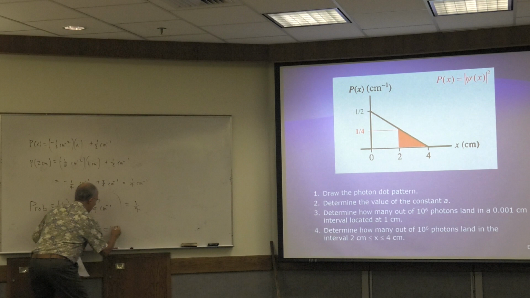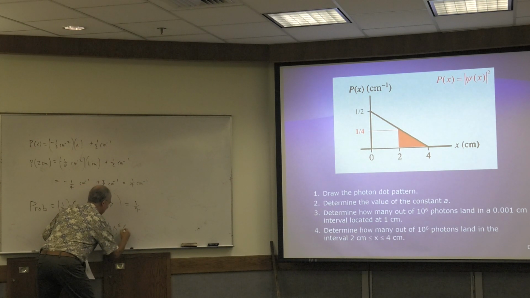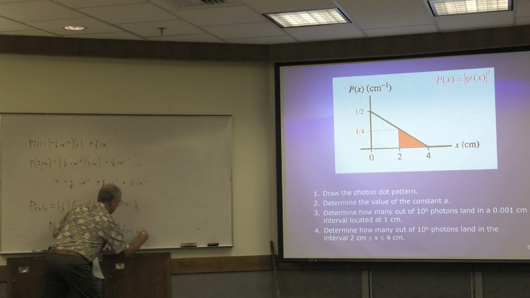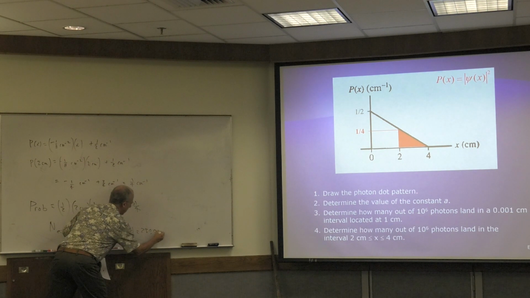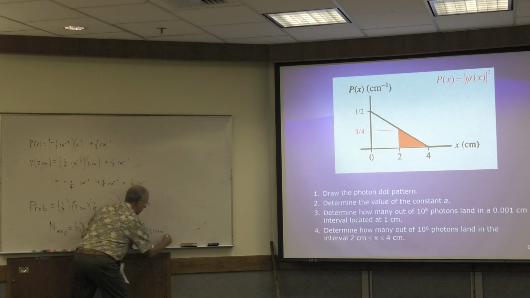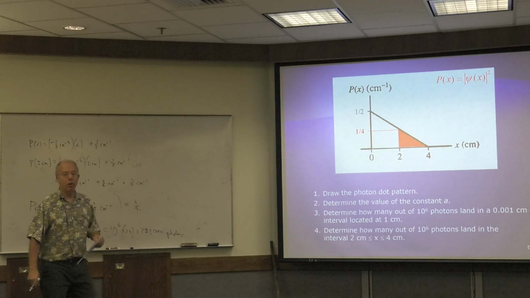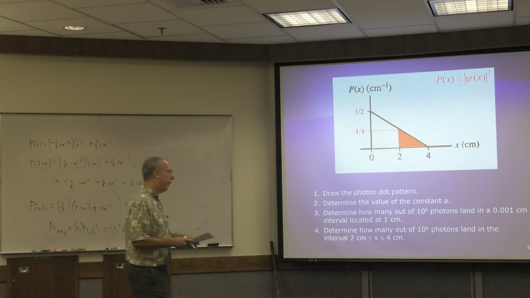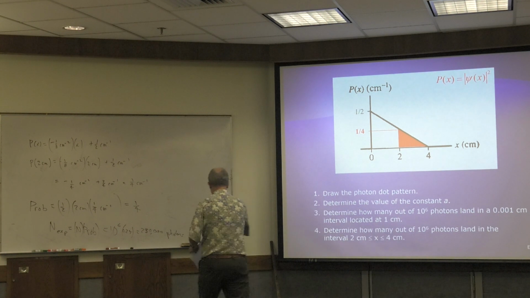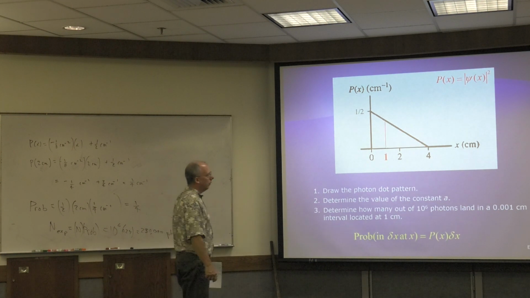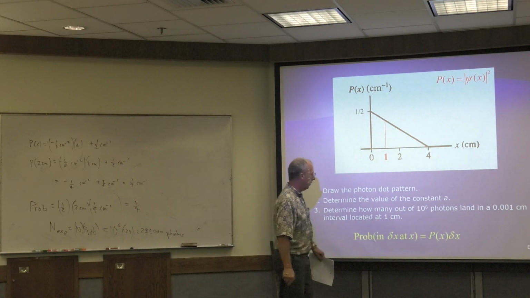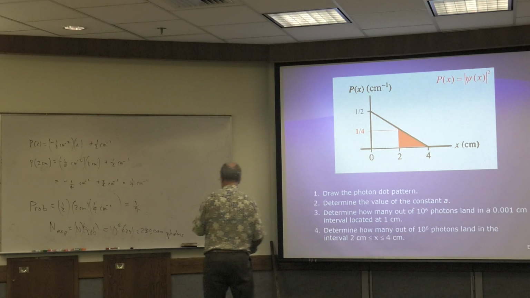So it's a million times 0.25, so it's 250,000 photons. There you go. All right, so we did two different types of examples. We did one with narrow, and then we did one with wide.